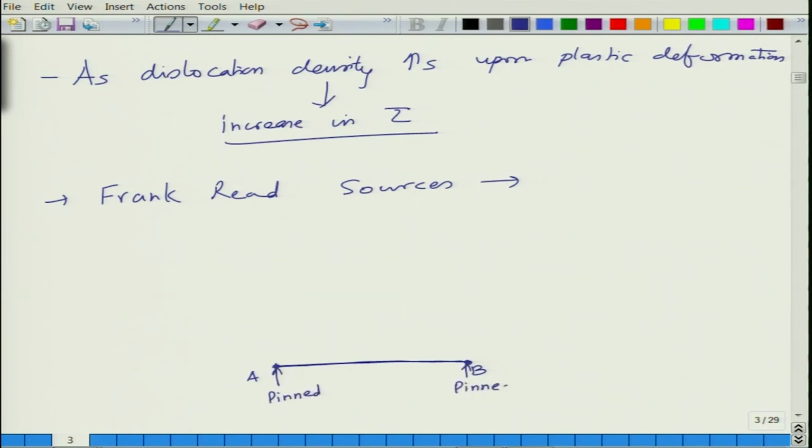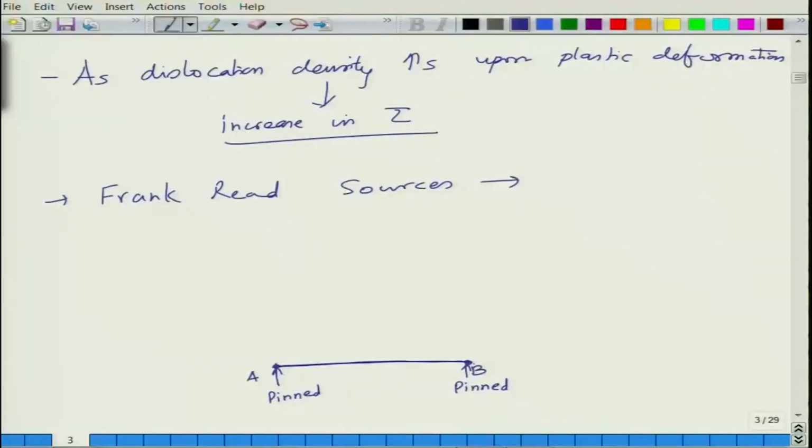So these are pinning sites. It could be that beyond A and B the dislocation is continuing into other planes in which it cannot move, or there are things like precipitates or grain boundaries or some other things which are pinning it down. So they are holding this line tight. A and B are the pinning sites, and AB is the dislocation line.